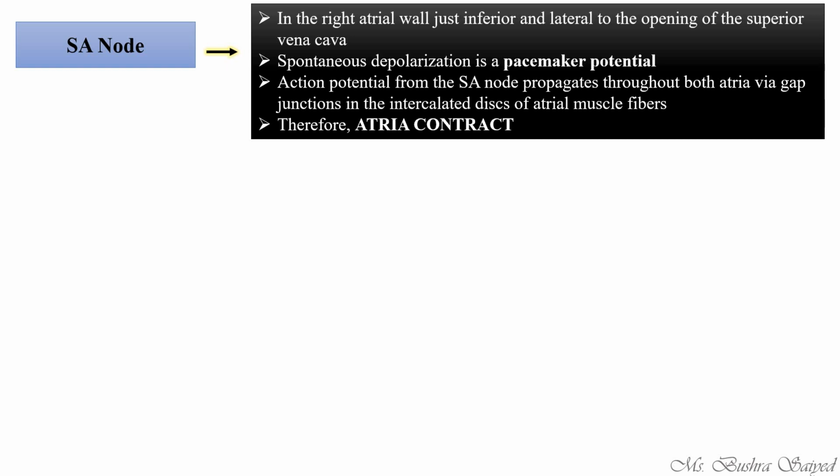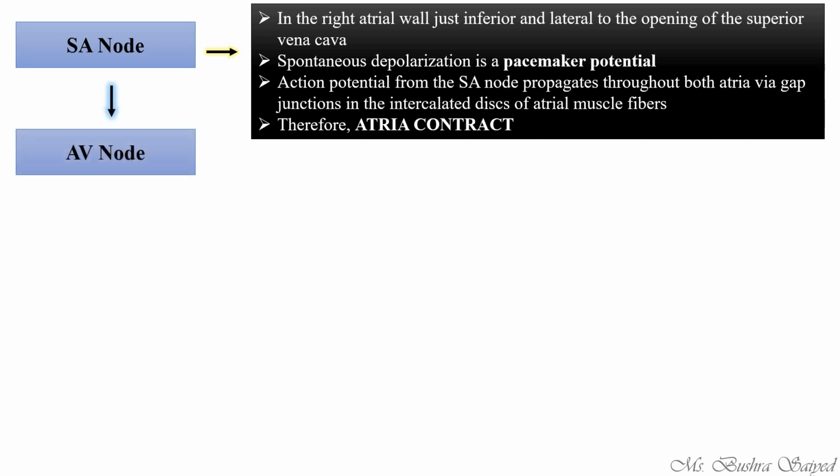This pacemaker potential is now converted to action potential and propagates throughout both atria via gap junctions in the intercalated disc of atrial muscle fibers. Therefore, the atria will contract, resulting in the atrial systole, that is, the filling of atria with the blood.